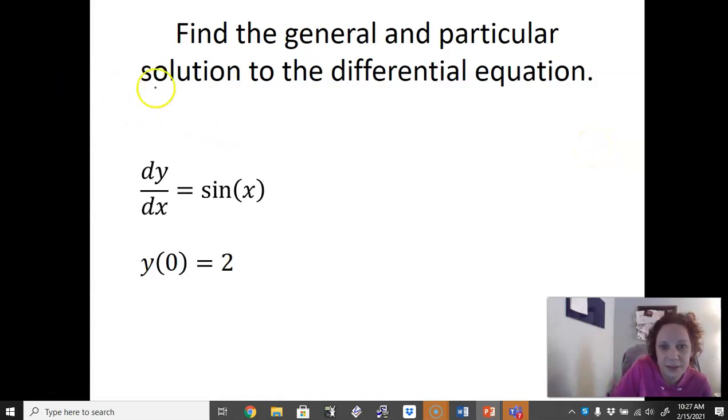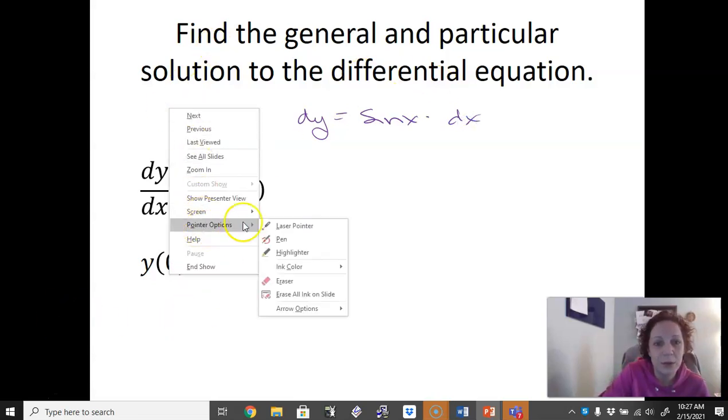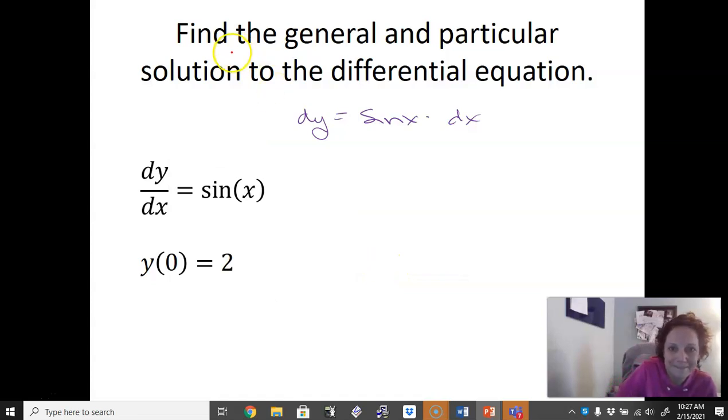Okay. So first thing we're going to do is multiply this dx to the other side. So I have dy is equal to sine x times dx. And I'm going to come in here and I'm going to integrate both sides. Again, I can do anything I want to an equation as long as I do it to both sides. Integrate on both sides.